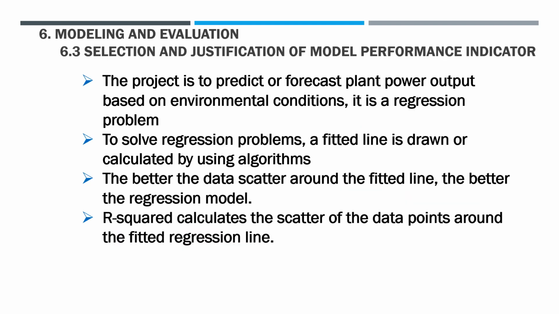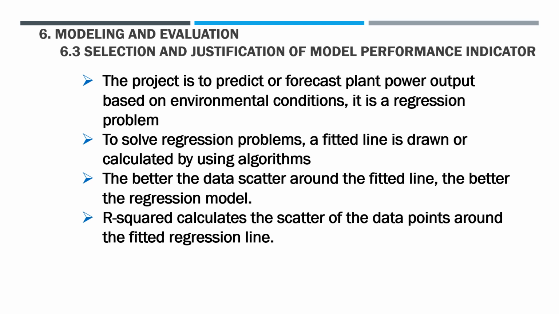Now we will talk about why R-squared was chosen as a model performance indicator. The whole objective of this project is to forecast the power output of a plant based on environmental conditions data, so it's a regression problem. To solve a regression problem, you can either draw a best fit line, or you can calculate this line using algorithms.